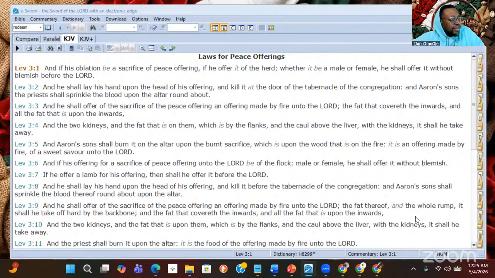be male or female, he shall offer it without blemish before Jehovah. And he shall lay his hand upon the head of his offering and kill it at the door of the tabernacle of the congregation. And Aharon's sons, the priests, shall sprinkle the blood upon the altar round about.